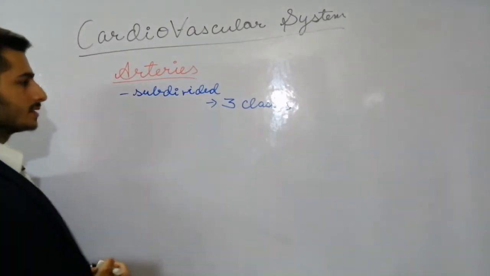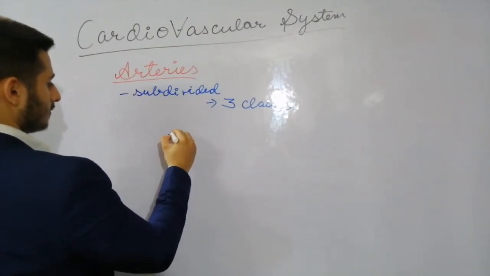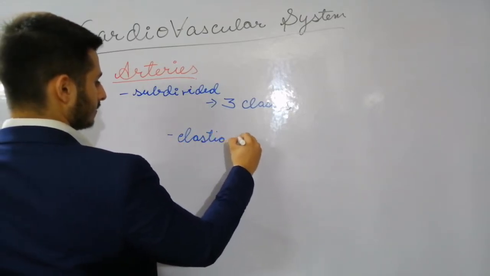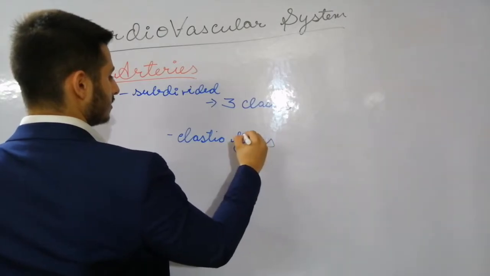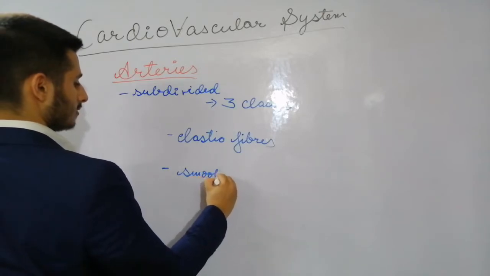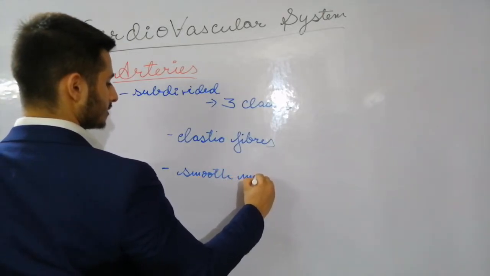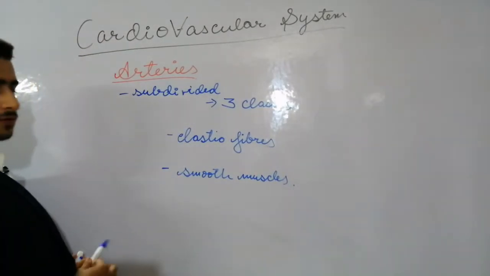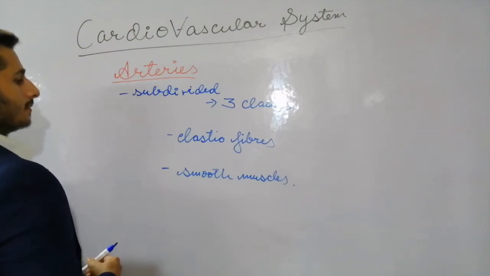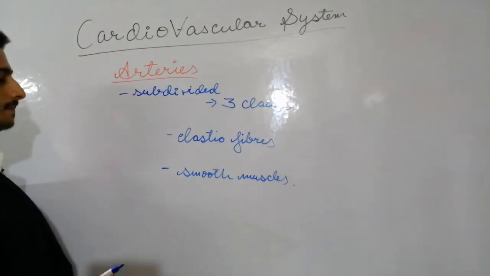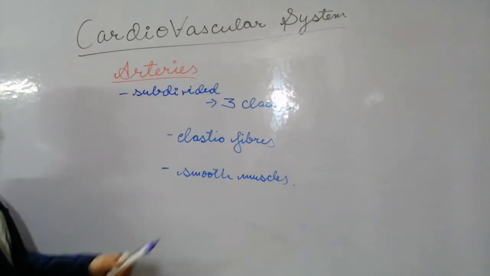This classification is based on the amount of elastic fibers present in them and the amount of smooth muscle present in the arteries.